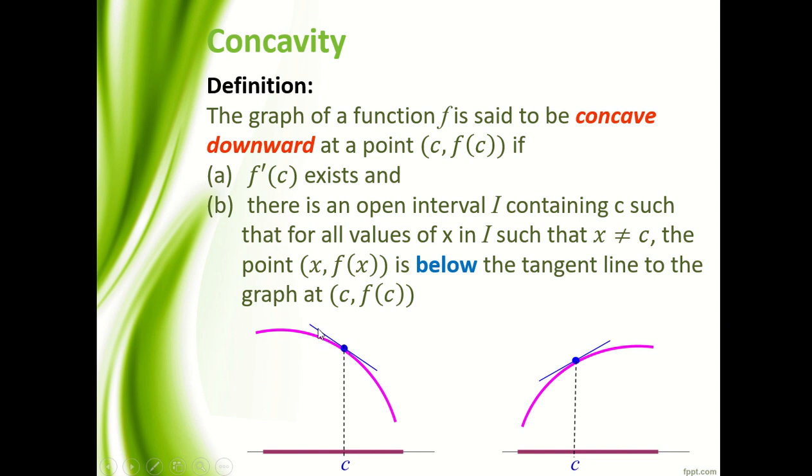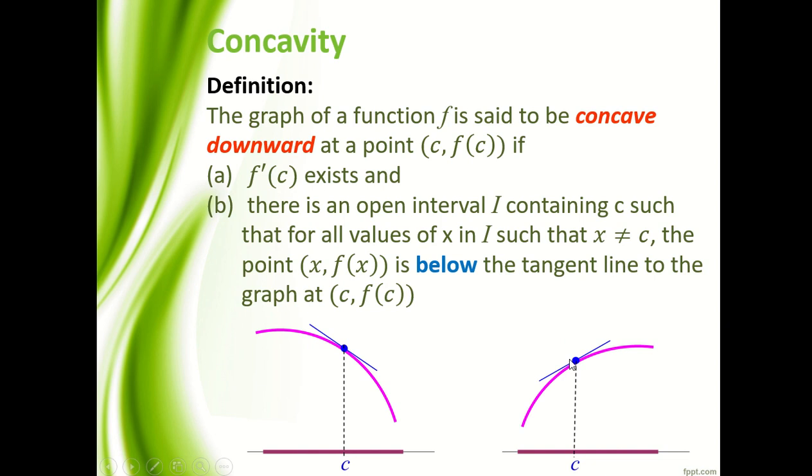When you draw the tangent line, we can say that the point is below the tangent line. And so with this one, this is our graph, this is the point of tangency, this is our tangent line, so the point of tangency is below the tangent line. In this case, we can say that the function is concave downward.